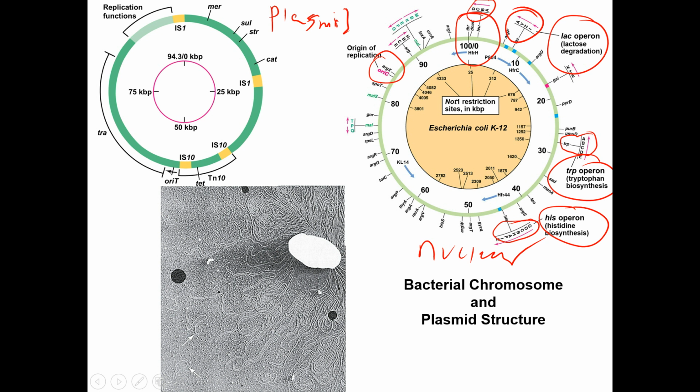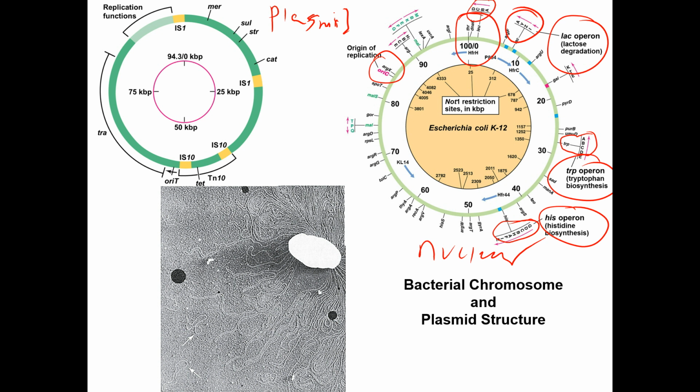So genes are organized into operons in bacterial cells, so they're much easier to coordinate and regulate the activity of those sets of genes. They're not spread out randomly throughout the chromosome. And unlike eukaryotes, all the genes are found on one single chromosome, not many, like you would have in a eukaryotic genome.